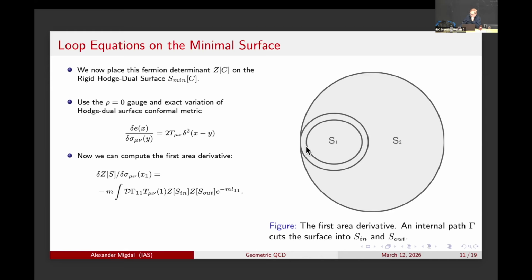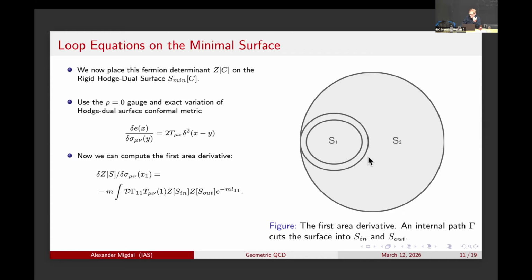So if you vary one determinant with respect to the area derivative, you will get a sum over all paths involving two determinants because of that important property of factorization related to topology, related to the fact that all the paths were self-avoiding. So if you select one path, it splits the surface into two parts, and all the other paths are summed inside and produce the partition function for this loop, and all the others produce the partition function for the remaining part.